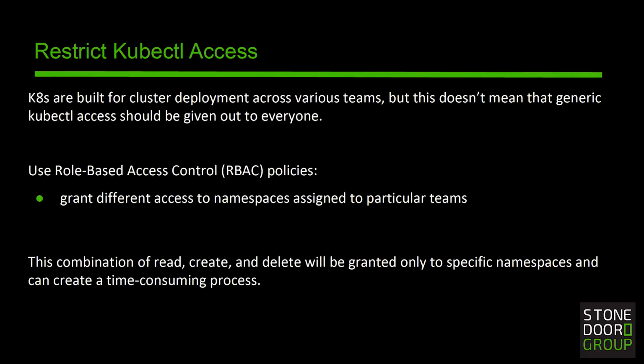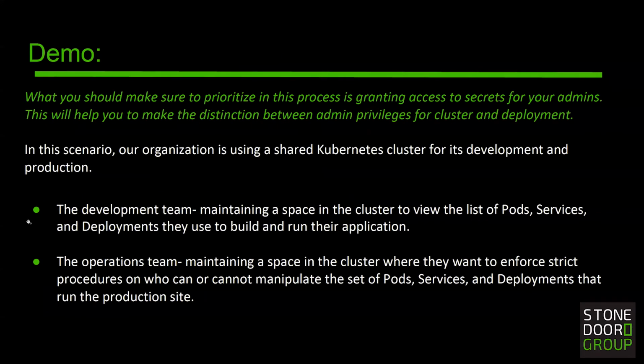So for this example, I'm going to be creating these two namespaces that are going to hold our content. In this situation, we have an organization using a shared Kubernetes cluster for its development and production.